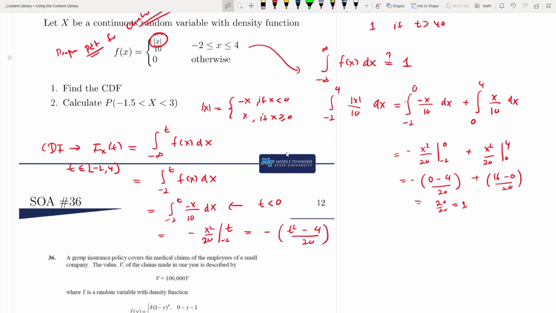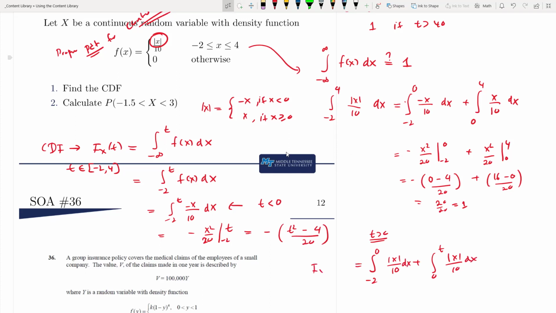Now, if t is more than 0, then I would have the integral from -2 to 0 of absolute value of x divided by 10, plus the integral from 0 to t of absolute value of x divided by 10 dx.